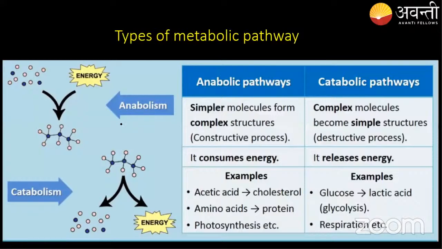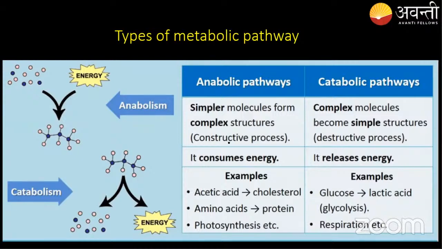When you go through metabolism, we normally observe two pathways: the anabolic pathway and the catabolic pathway. I'm repeating it one more time because this is simple, but this question is normally asked. Anabolic pathway means simpler molecules form a complex molecule or structure.